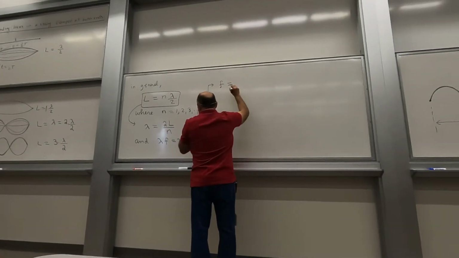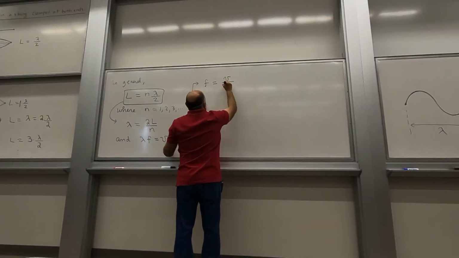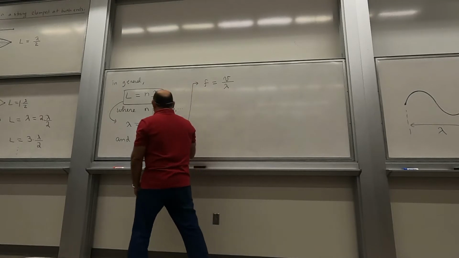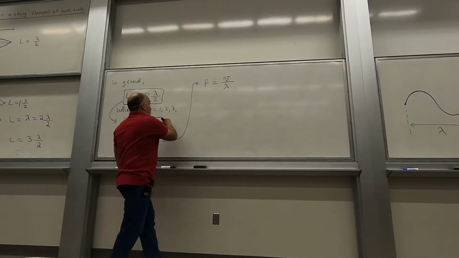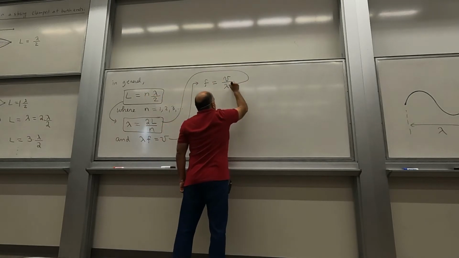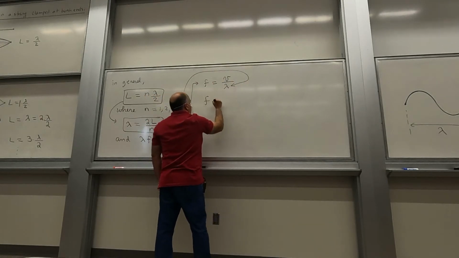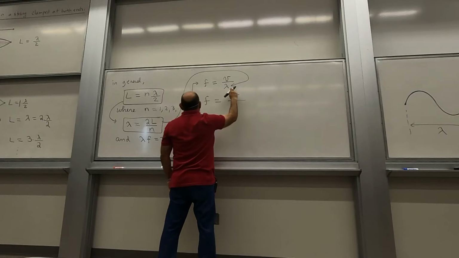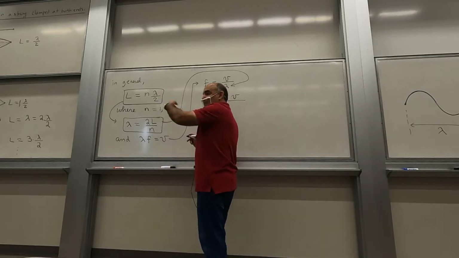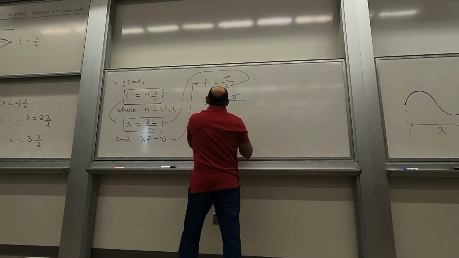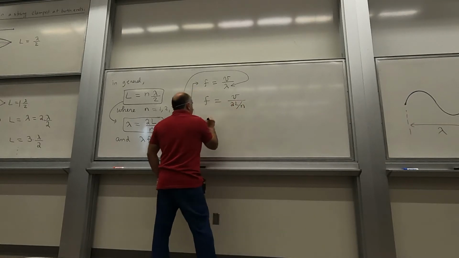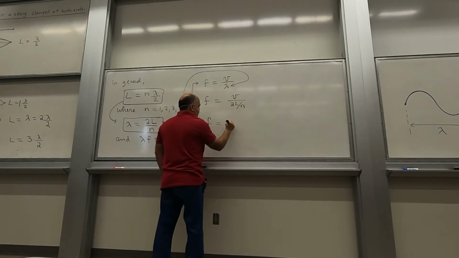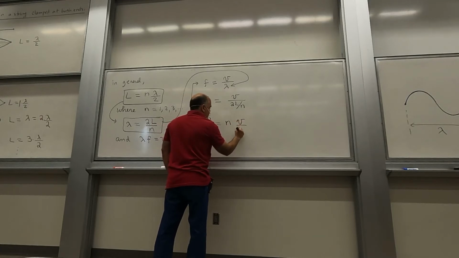The resonant frequencies will be the speed divided by the wavelength, and then I have an expression here for the wavelength, which I can plug in here, so that the frequency will be the speed, where v is the speed of the waves going right, left, and reflecting at the end. And then the wavelength will be 2L over n, and therefore I can write the frequency as nv over 2L.